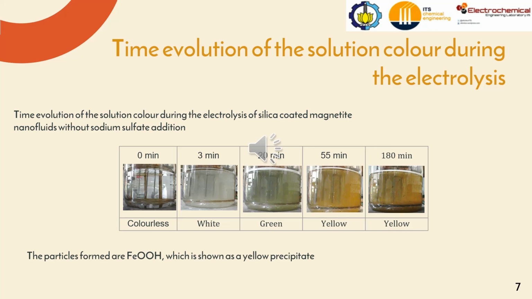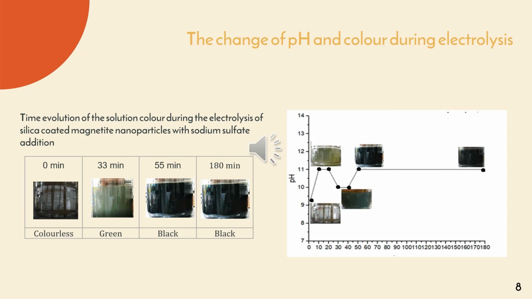The particles formed are FeOOH, which is shown as a yellow precipitate. Thus, this is the change of pH and color during electrolysis.